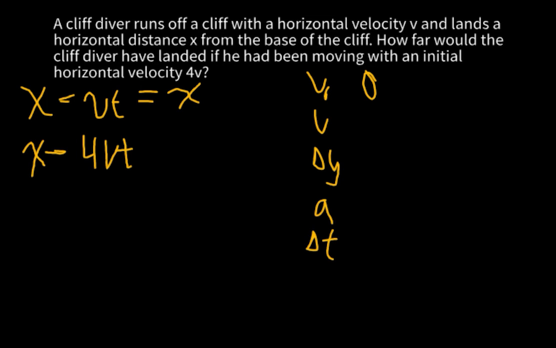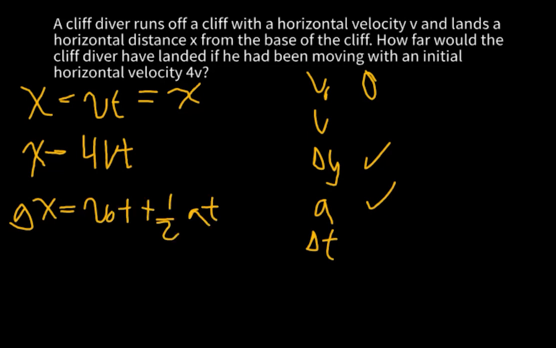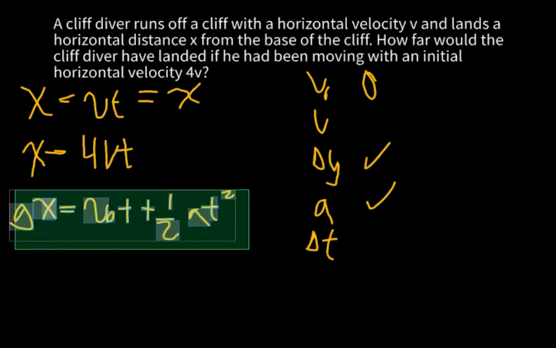He's going to travel the same distance change in y with the same acceleration, and because all of these variables are the same, by the equation change in position equals initial velocity times time plus 1/2 a t squared, these variables are staying the same, thus change in time is going to be the same for each of these two scenarios.